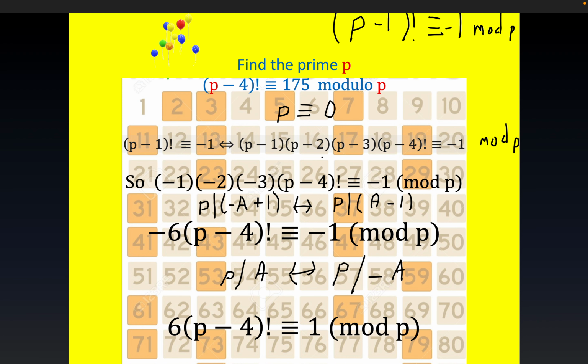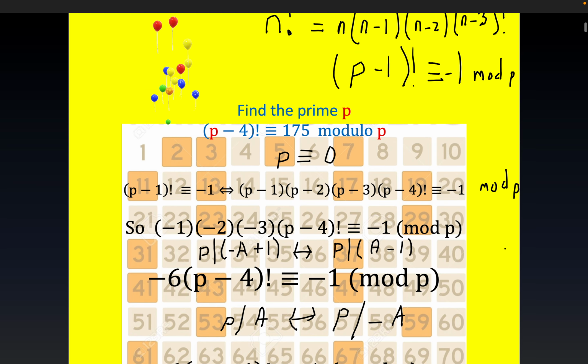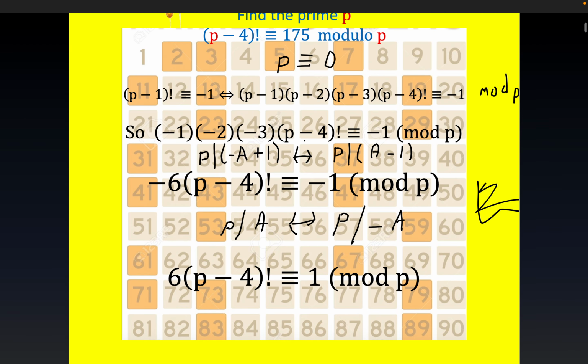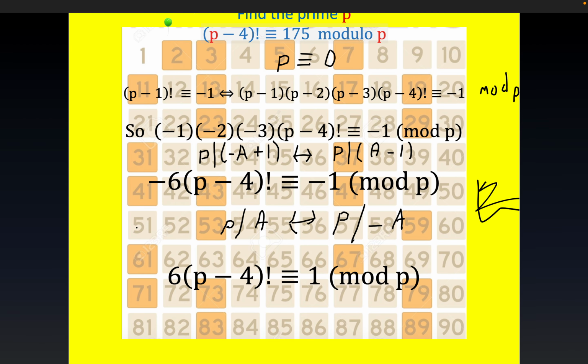Now, we're given that p minus 4 factorial... where are we at here? We're given this right here that p minus 4 factorial is congruent to 175. So what we can do right now is write down 6 times 175 right here, because literally, it's a given.